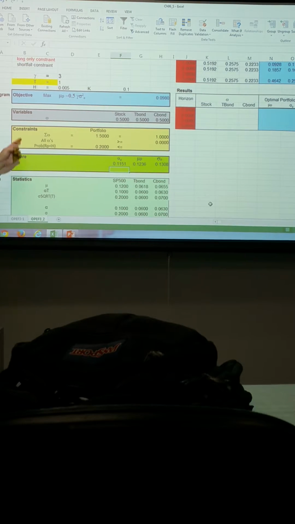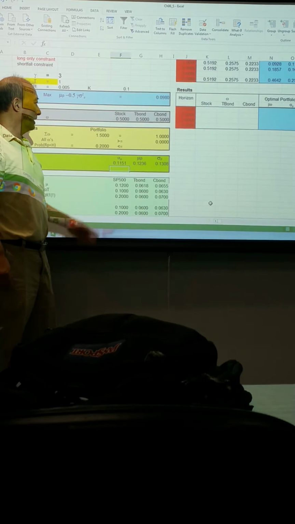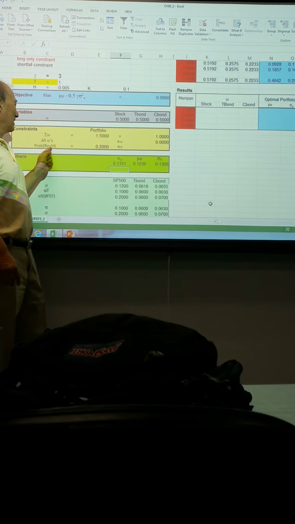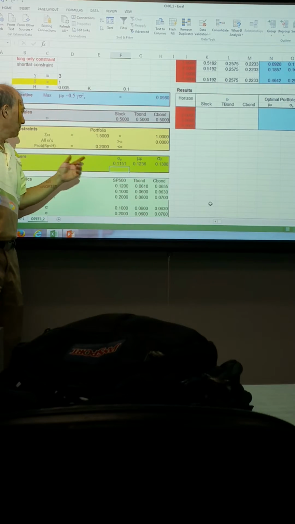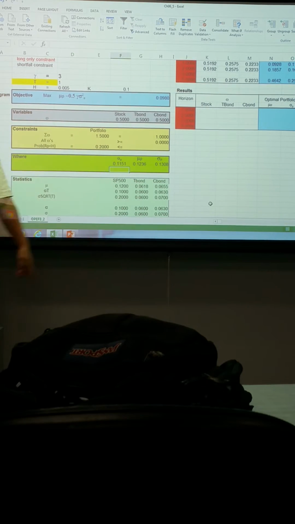Of course, these weights are wrong, but suppose that this is correct. And now let's take a look at whether this shortfall constraint is satisfied. Probability that return is less than or equal to 0.05 is less than or equal to what? 10%?